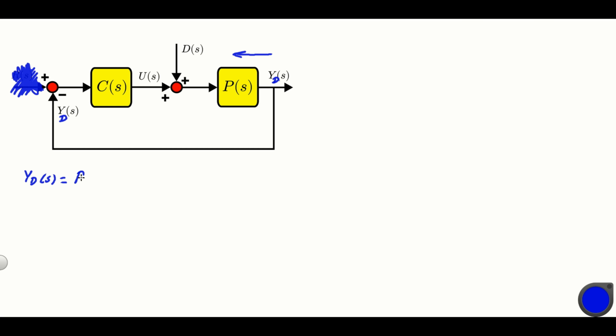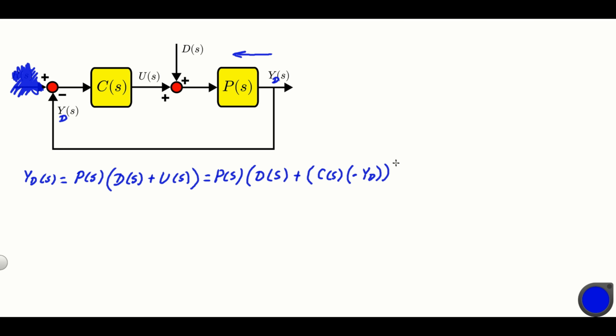Here we have obviously p of s, and now since d of s is not equal to 0, it will appear over here, and over here we will still have u of s. However, u of s can be expressed like this. We have p of s, d of s, and over here instead of u of s, we can obviously write c of s multiplying y_d of s with the minus sign. So we can write c of s multiplying minus y_d.